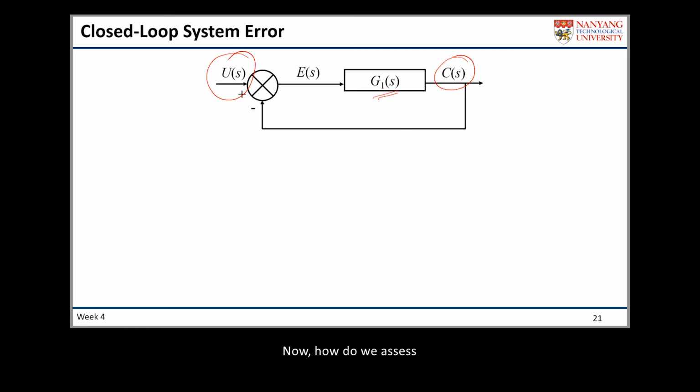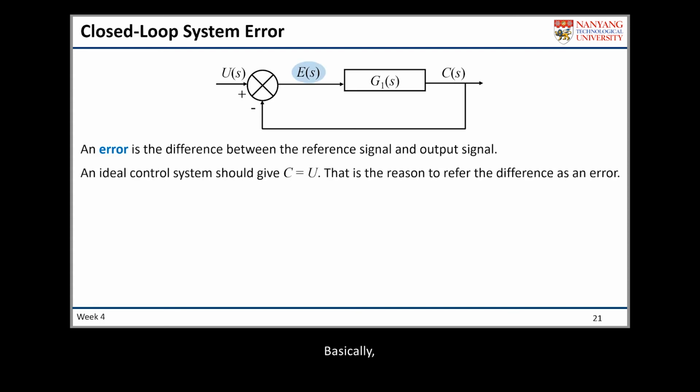Now, how do we assess the performance of this air conditioning system? Or in general, how do we assess the performance of this closed loop system? Basically, we assess it by looking at the value of E. E is the output of the summing point.